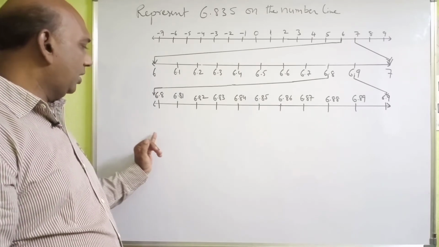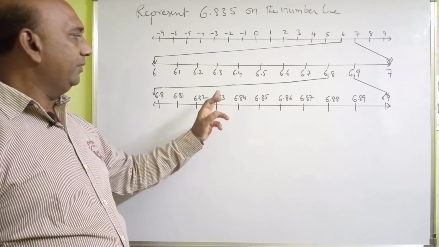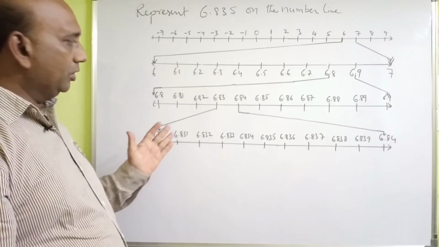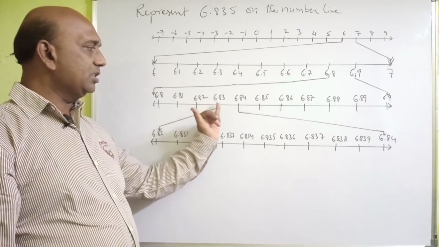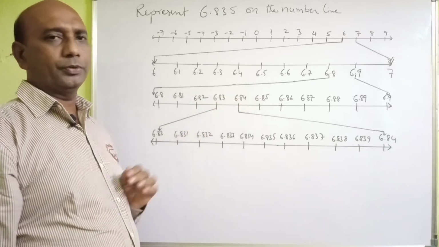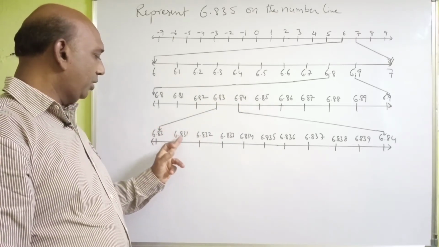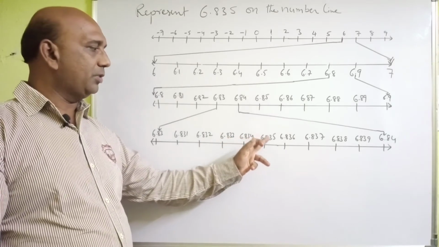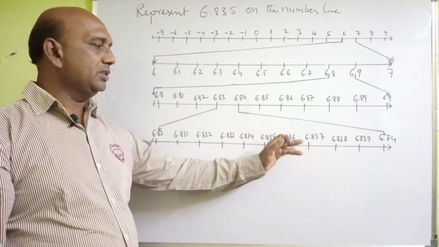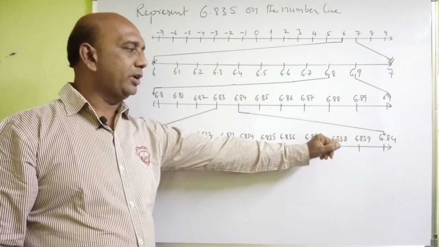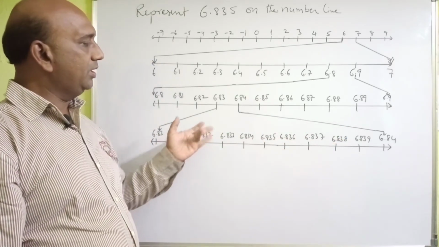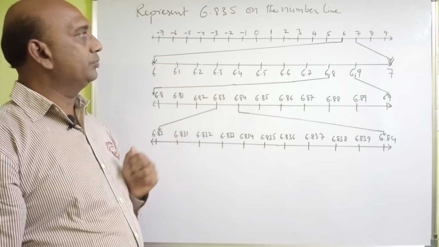So let me draw the next number line with the rational numbers between 6.83 and 6.84: 6.831, 6.832, 6.833, 6.834, 6.835, 6.836, 6.837, 6.838, 6.839. So all these are the rational numbers between these two.